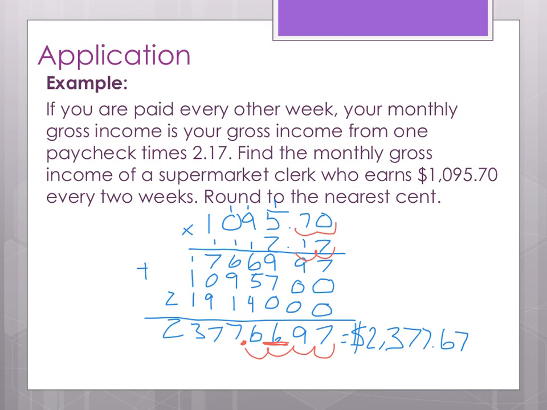And let's look at this. It makes sense. If we're making just a little over $1,000 every 2 weeks, and we're multiplying by a number that's just a little bit over 2, we should get something that's around $2,000.